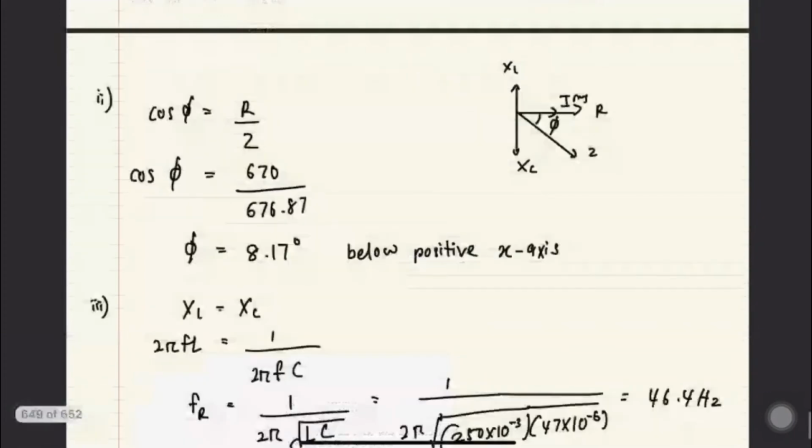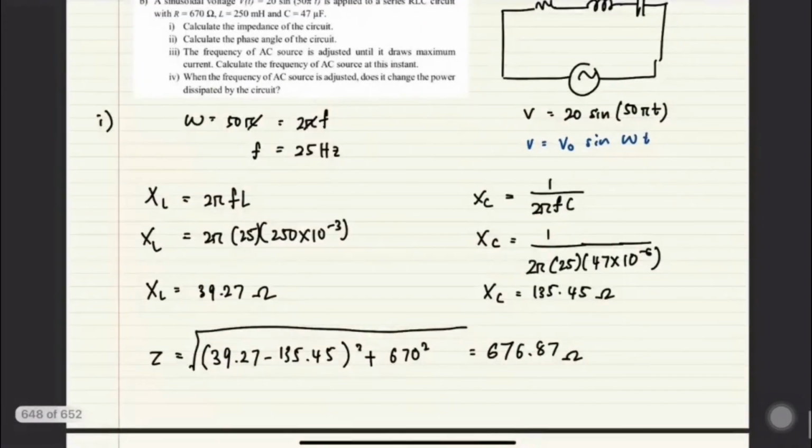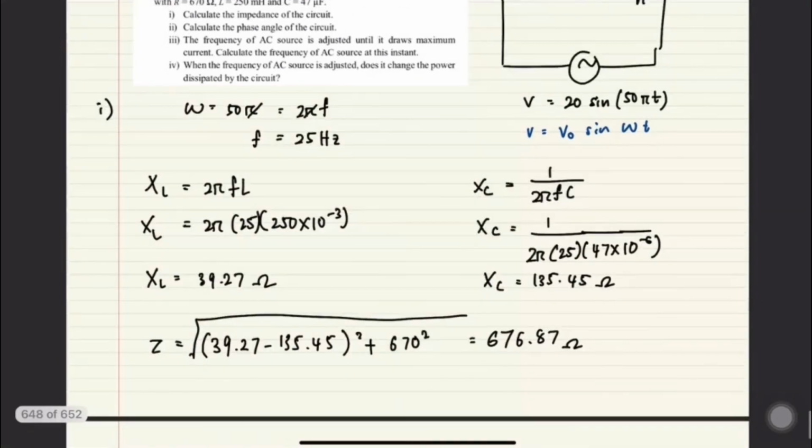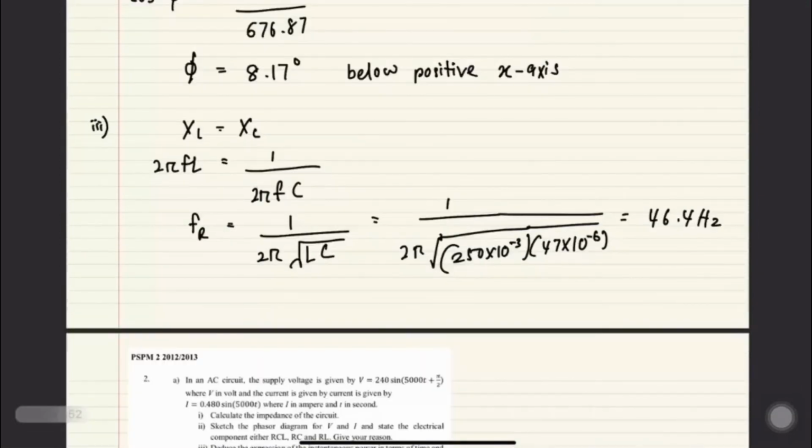And then the last question asks, when the frequency of the AC source is adjusted, does it change the power dissipated by the circuit? To answer this, it actually does not change. If asked why, it's no change.